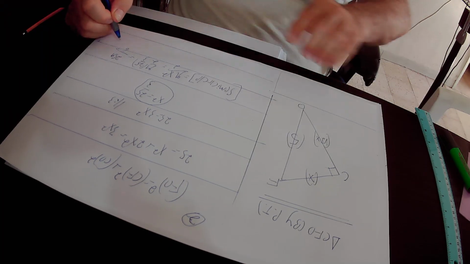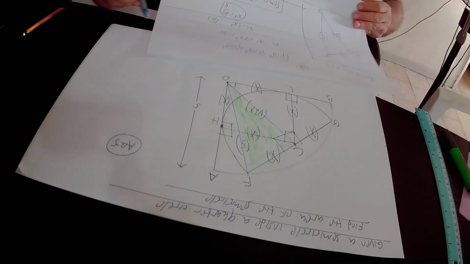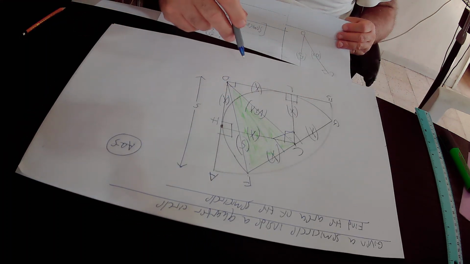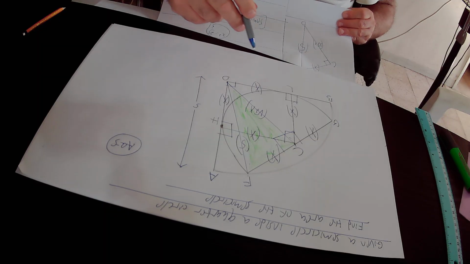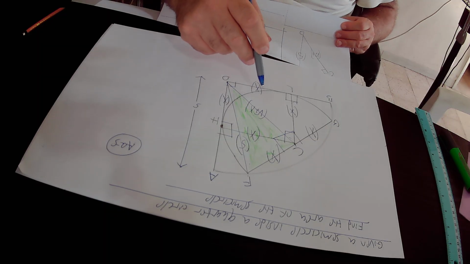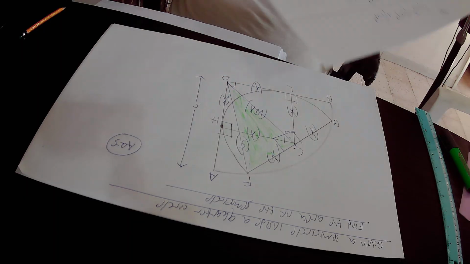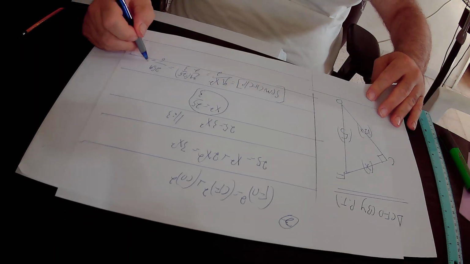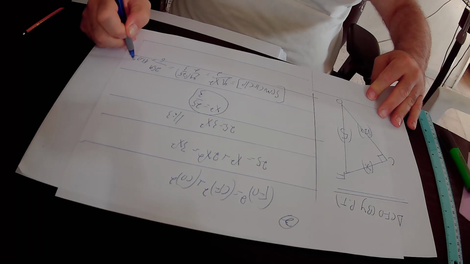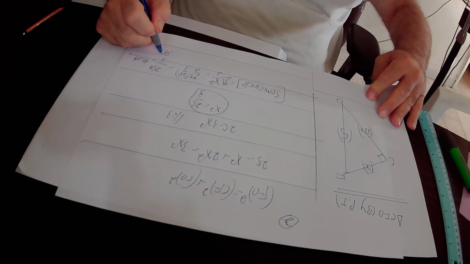So in total, we found out that the area of this semicircle, that is the area that we are looking for in this question, equals 25 pi over 6 square units, or in terms of numbers, it is equal to 13.09 square units.